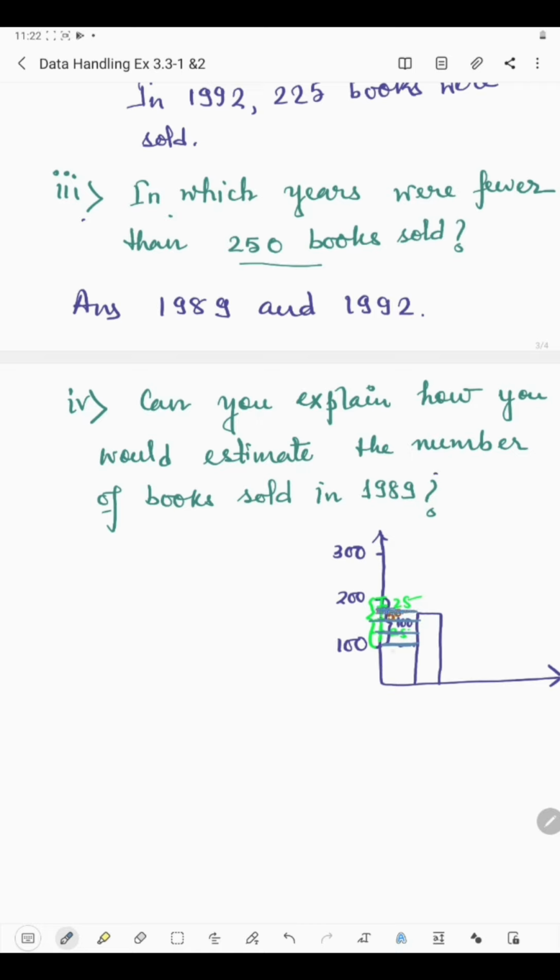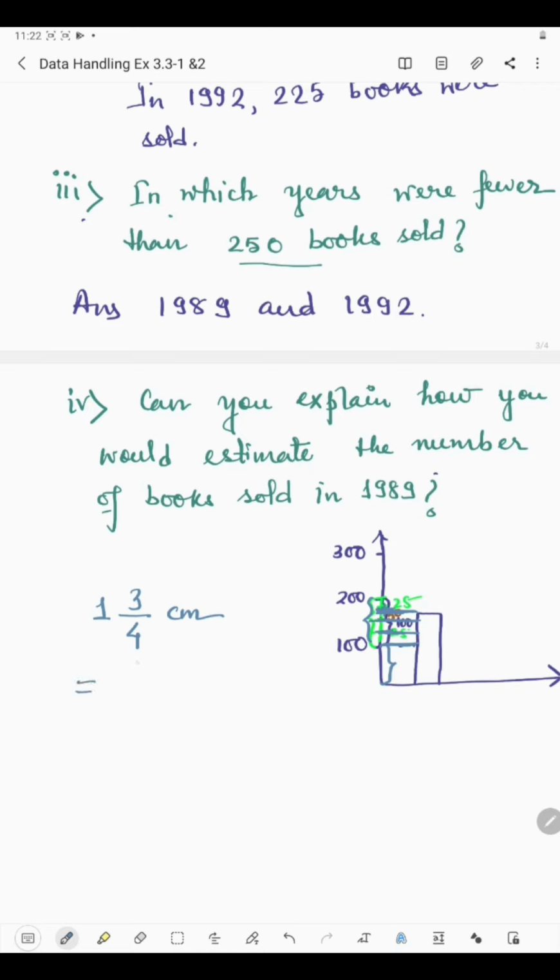So this much is 1 unit, and since we have divided this 100 into 4 equal parts, it is 4, and here is 25, 50, 75. So this is 3 parts out of 4. So it is 1 3/4 centimeter.